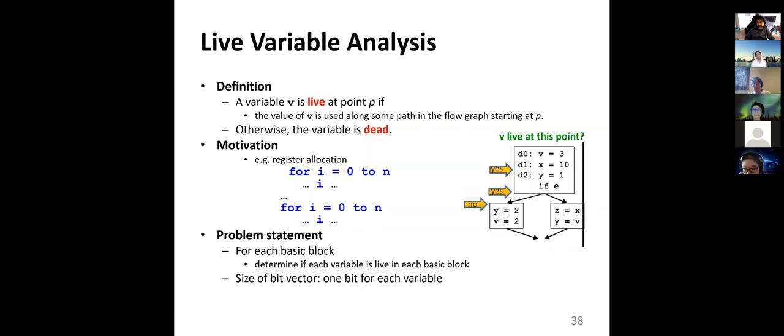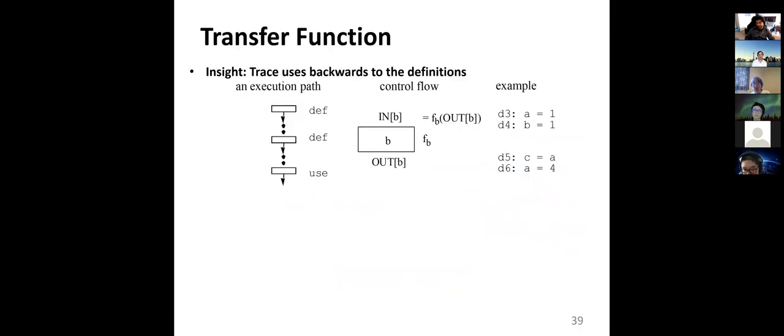Now you're going to see that the algorithm you need to run for this is actually different. Similarly to the previous problem, we need a definition of the transfer function. Remember, everything starts with a transfer function. Here we would have to trace the definitions in a backward fashion, because we look for uses.